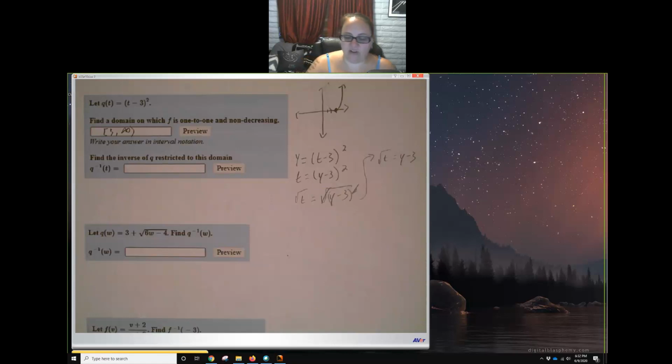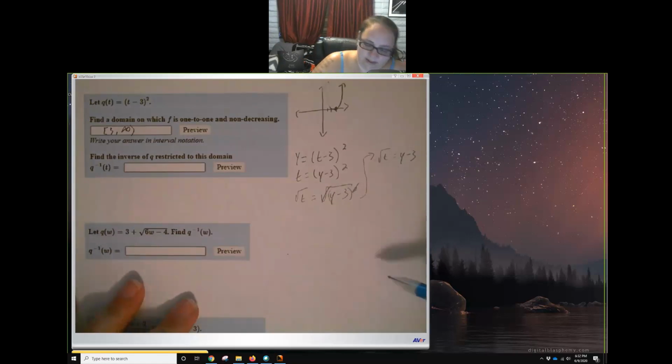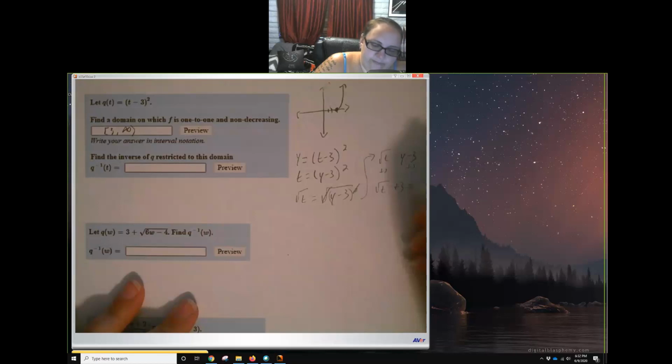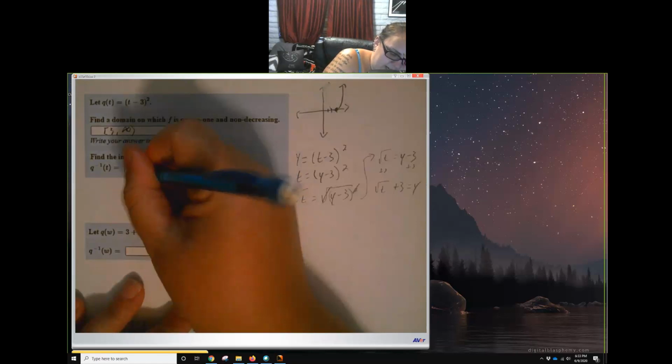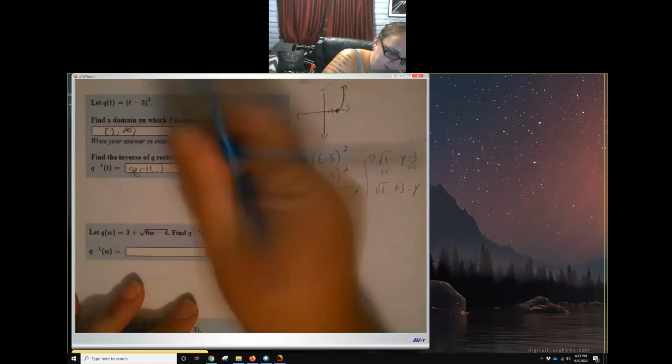So if your radicand is a variable, don't put the plus or minus in front. And then we're going to add the 3. So then here we would do the square root of t plus 3.